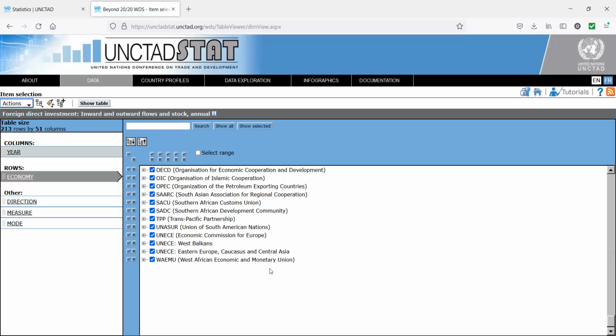So all you need to do is come to UNCTAD and look at that specific group. That will give you some sort of consistency, some kind of harmony, and will allow you to generalize the findings of your research.